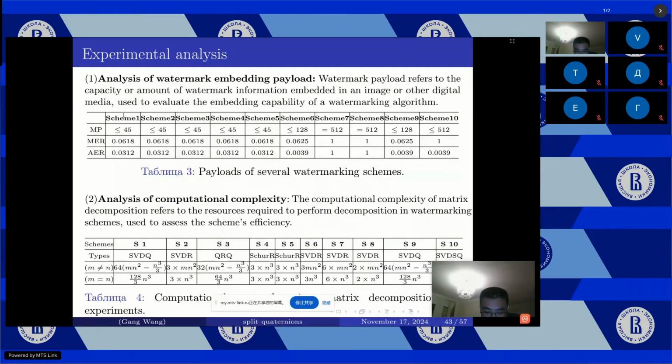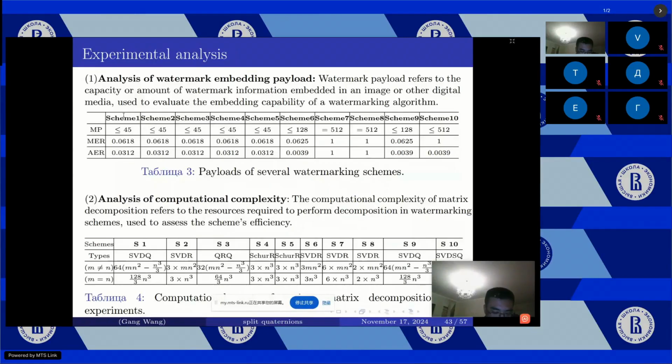0.0618. In practical experiments, however, a watermark size of 32 pixels is typically used, and the actual embedding rate is approximately 0.0312.